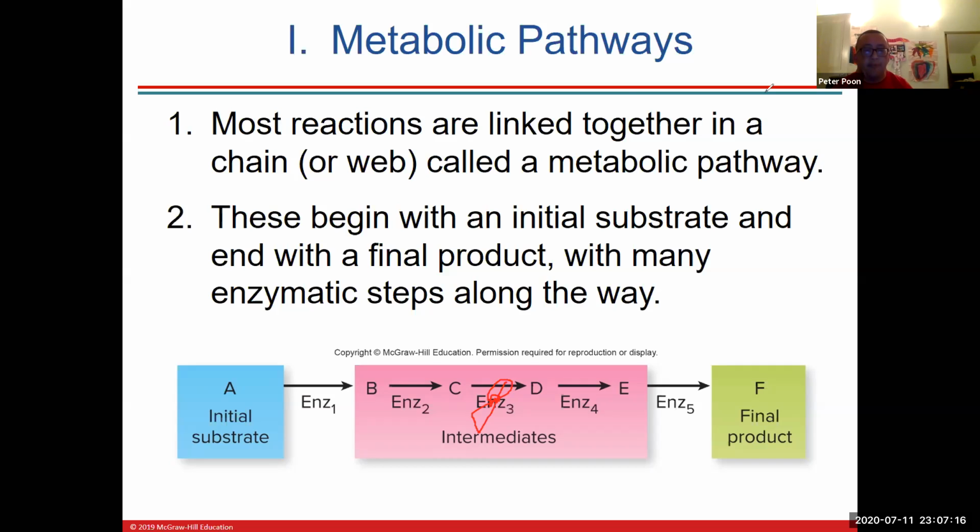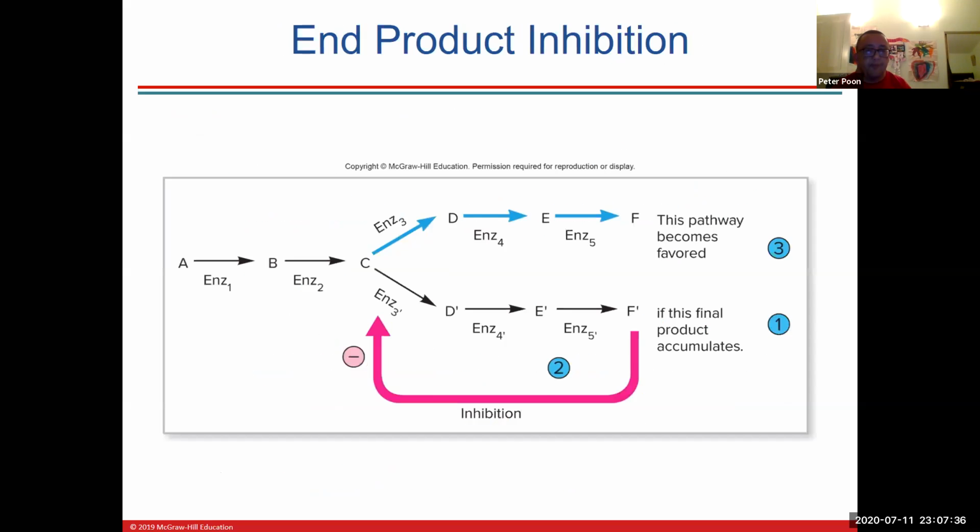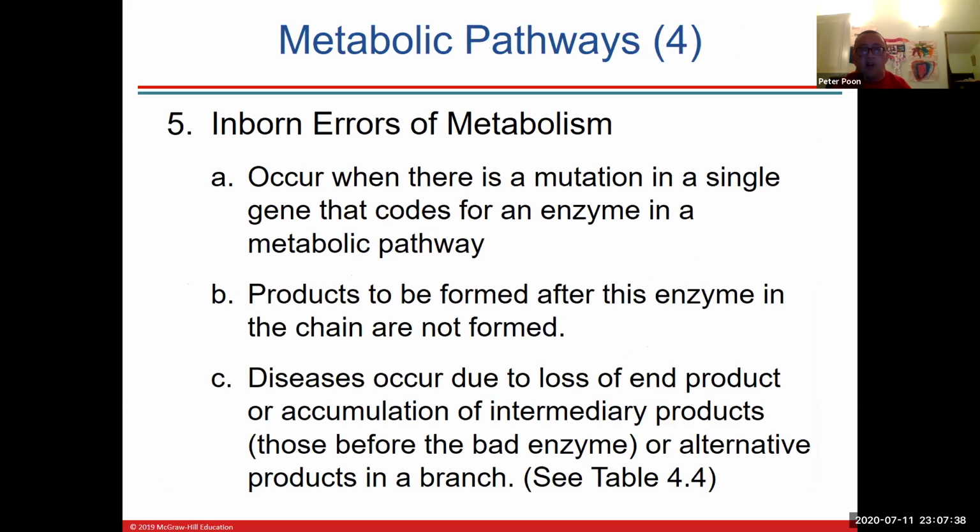And you're right. Missing the final product F, especially when you need it, is a problem. This is one of the first things that scientists figured out, and these are the inborn errors of metabolism.